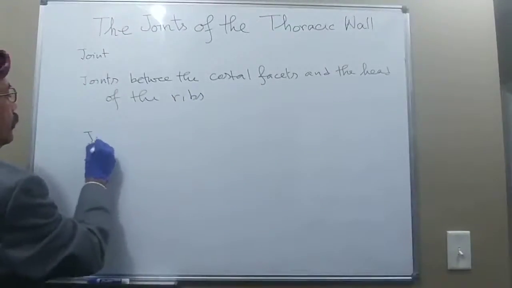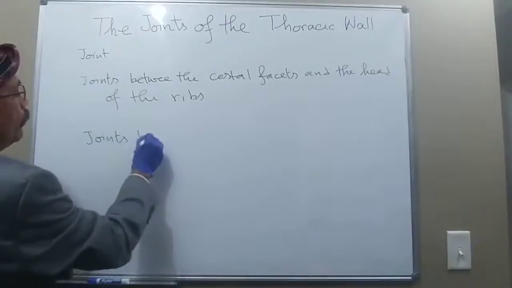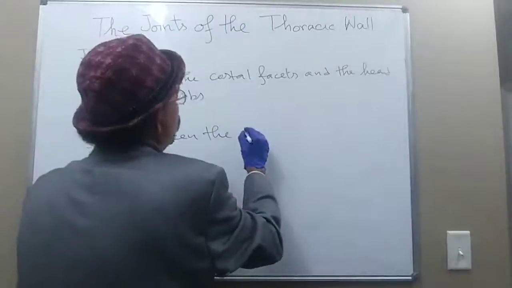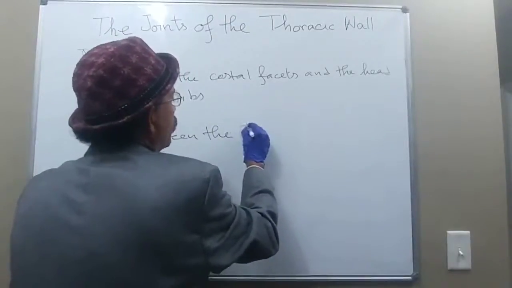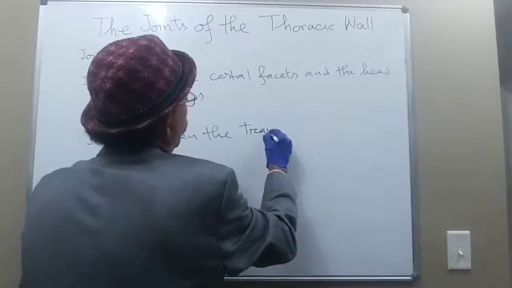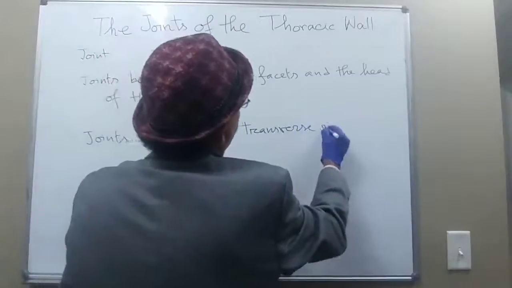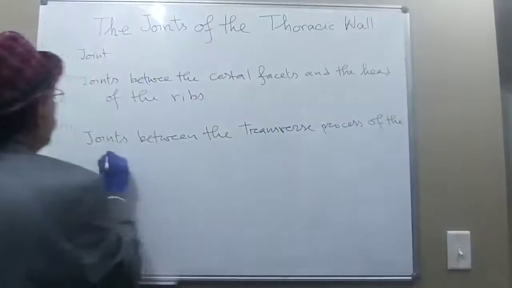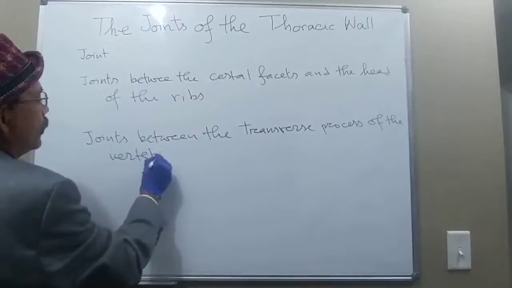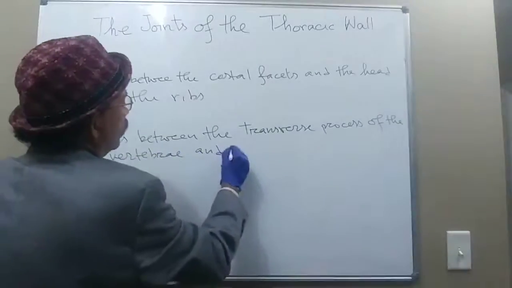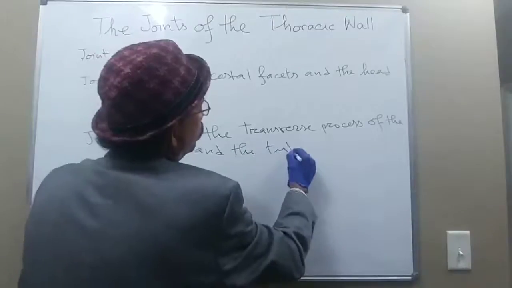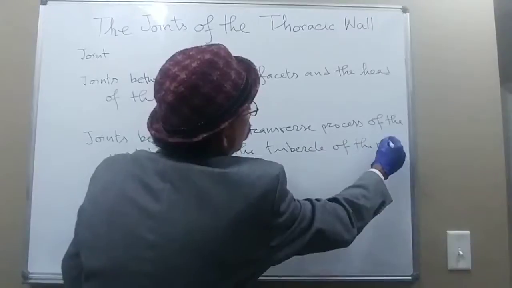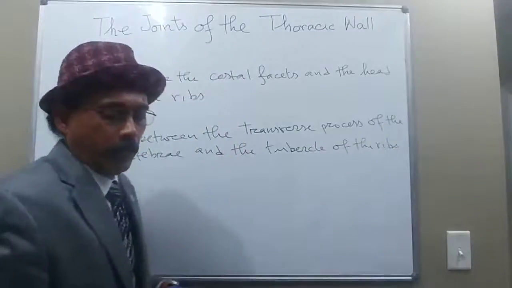Another joint is the joint between the transverse process of the vertebra and the tubercle of the ribs. Okay, we'll go one by one.